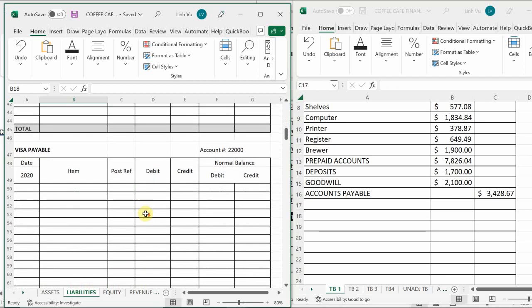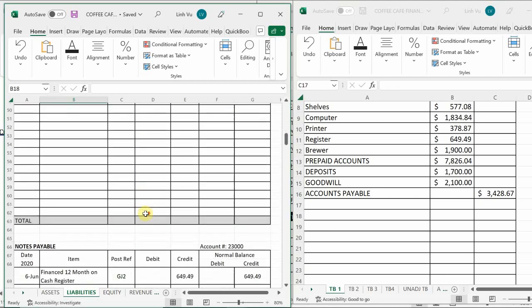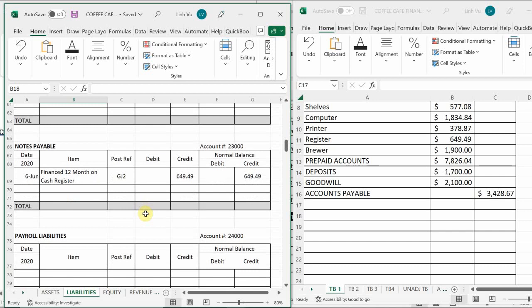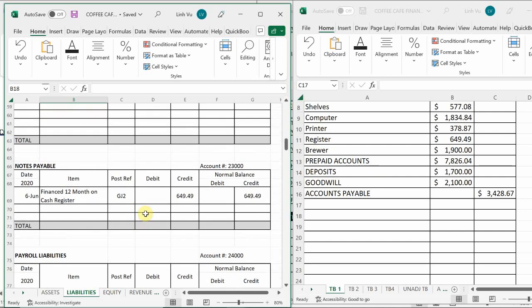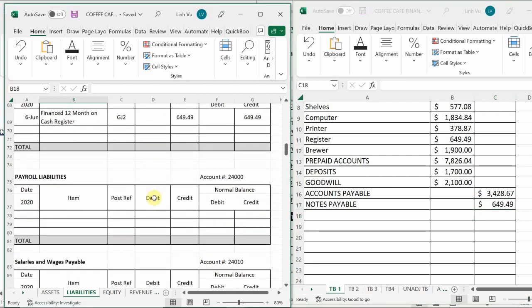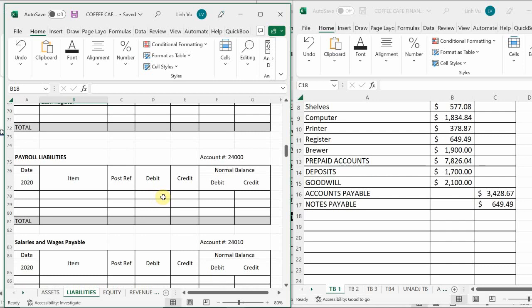Then, let's see, Visa payable. I haven't received my credit card yet, but you have an idea that we will be receiving our credit card soon. Okay. Next one is notes payable, right? I took out a notes payable to purchase the cash register. Currently at $649.49. Okay. And then, like I said, we haven't dove into too many liabilities yet.